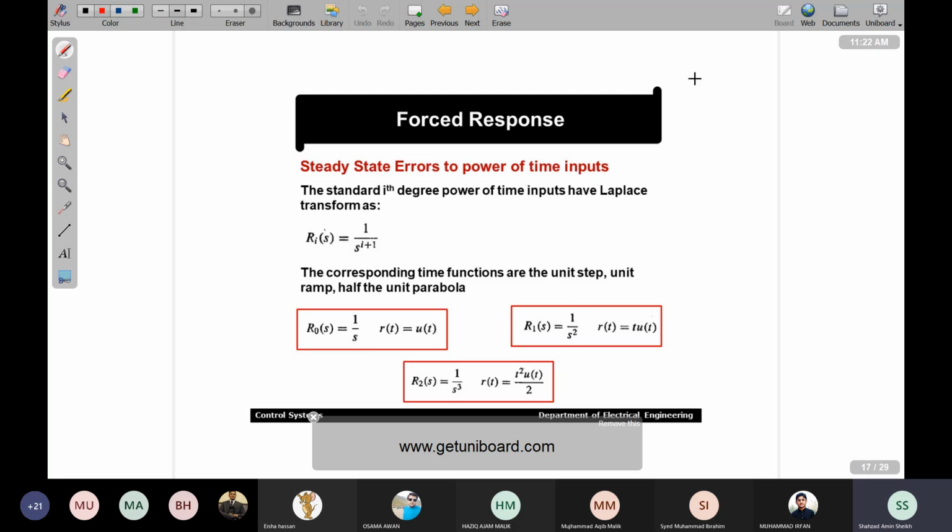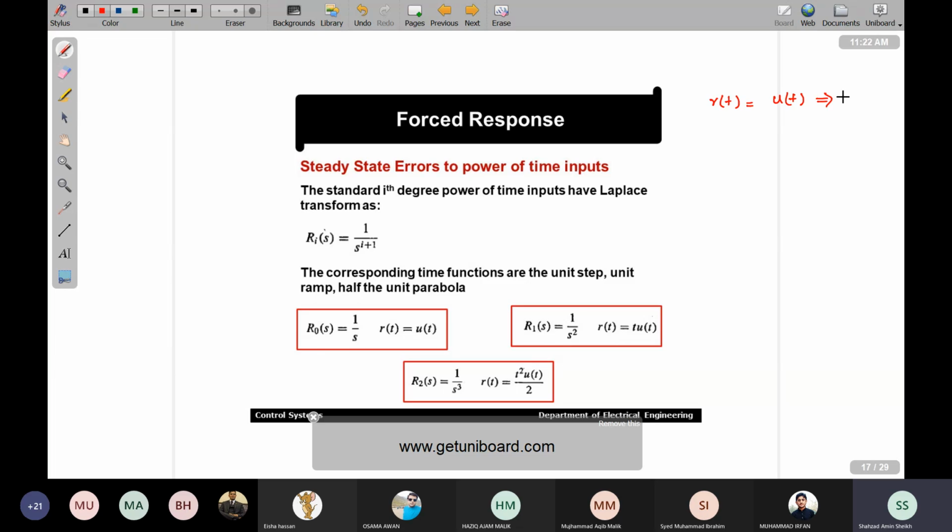Suppose RFT, अगर मेरा RFT जो है if that is equal to t, so it is what? Sorry, it's not t, sorry. So I will start from u of t. So it is what?